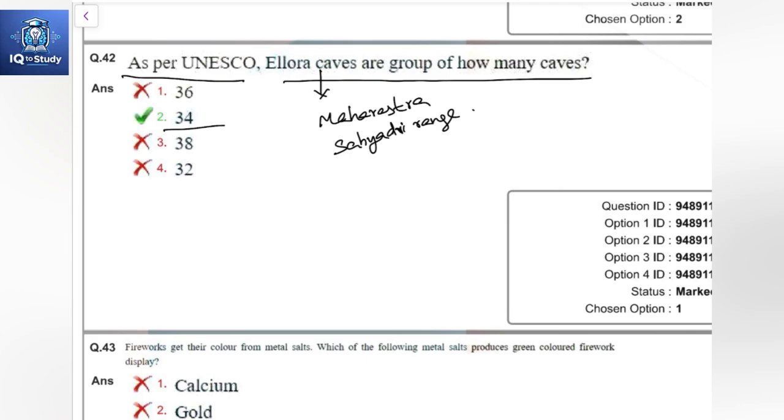Ellora caves are one of the largest rock-cut monastery cave complexes in the world. UNESCO's headquarters is in Paris.